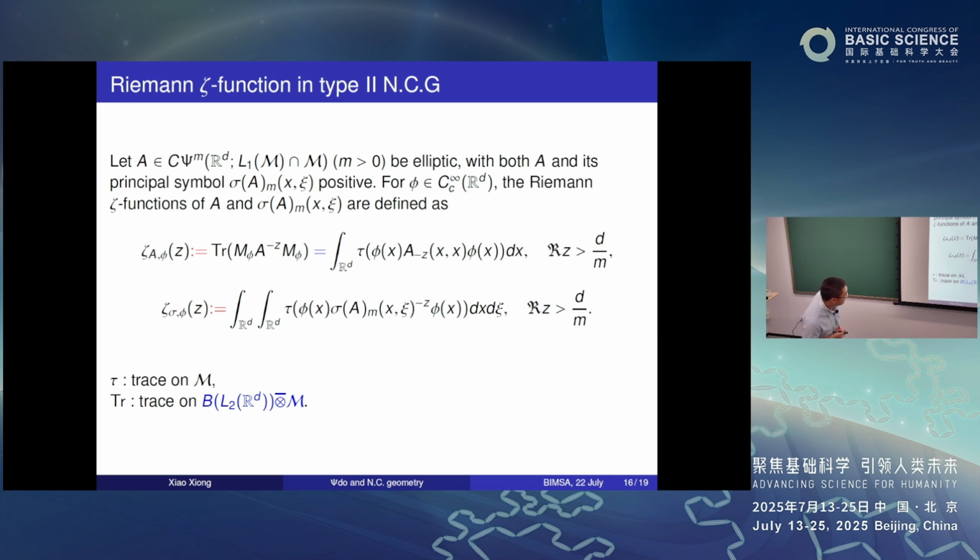Sorry? The tensor product is the tensor product in the category of von Neumann algebras. So here, if I don't put this bar here, this means the algebraic one. If I put a bar here, I take, equivalently, the weak-star closure.